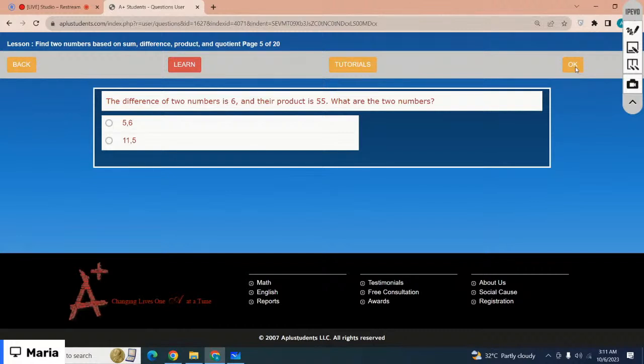The correct option is 11 and 5. When you subtract them, the answer is 6, and when you multiply them, the answer is 55. The second option is the correct one.